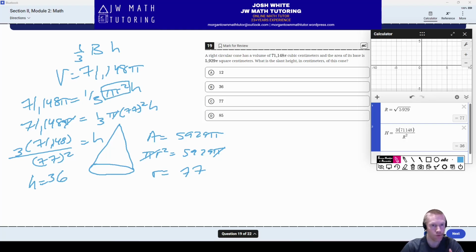So you can just take this whole thing and plug it in right here. Meaning you don't need to calculate the radius initially in order to get the height. However, you do need the radius for the next step. So it saves you a little time initially, but then you still have to end up calculating your radius anyway. So I just went ahead and did that first, since we will need it in the end.